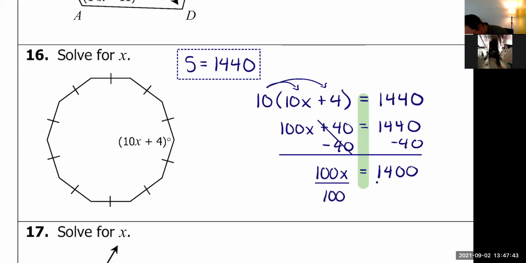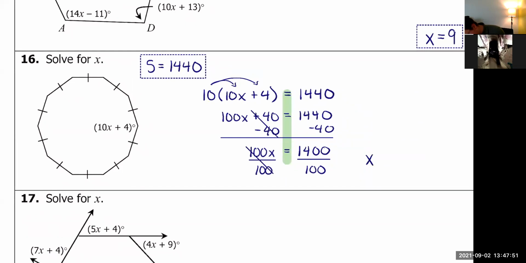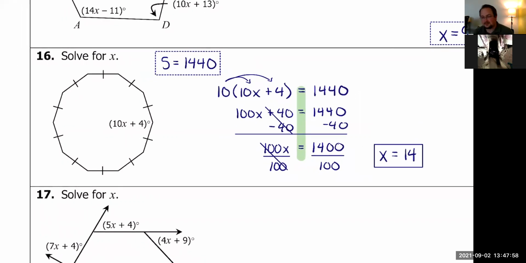Divide by 100. I believe we get x equals 14. Is that correct? Sometimes we just got to take a step back and look and say, you know what? Those things look familiar. I remember what they mean. And then it helps us work through that process.